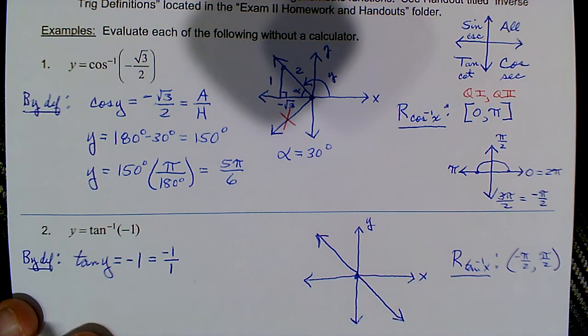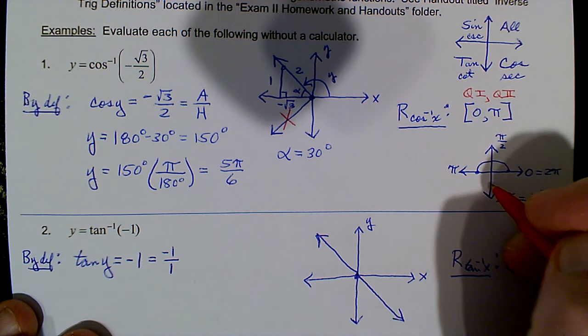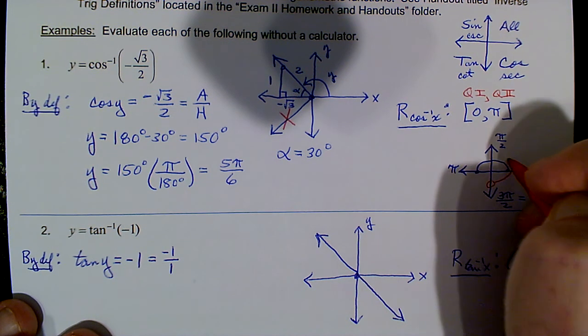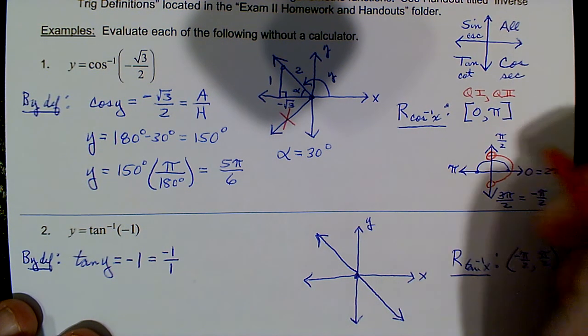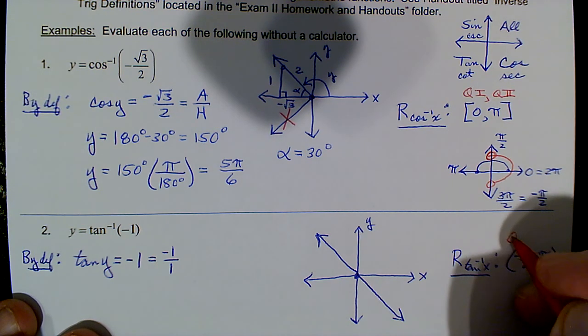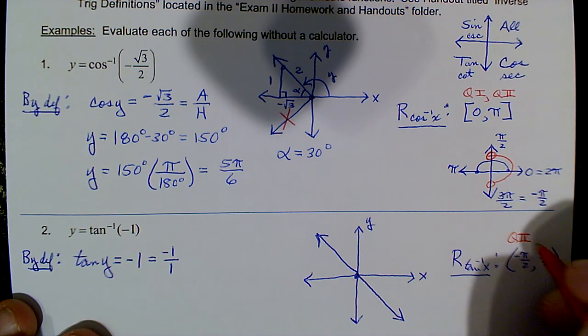So -pi over 2 to pi over 2, although they're non-inclusive at those endpoints, is quadrants 1 and 4. Some people will say 4 and 1, because it kind of goes in that order.